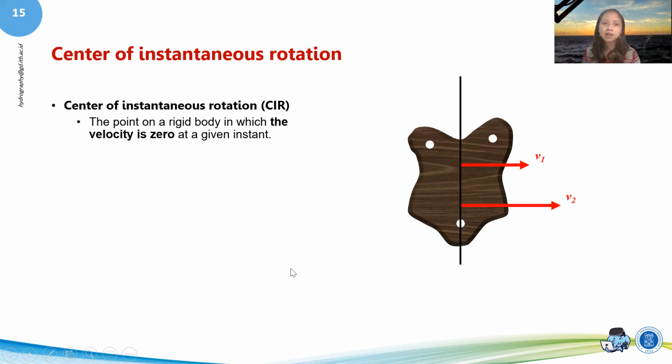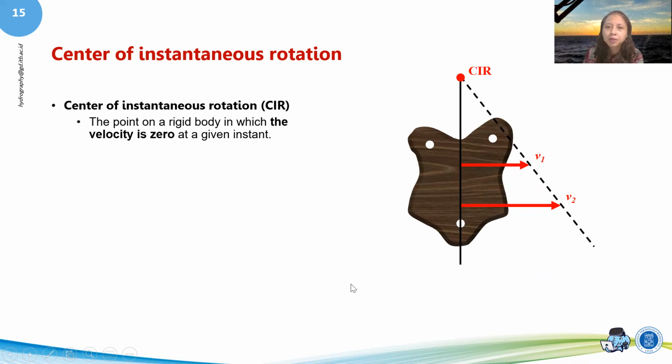To find the center of instantaneous rotation, or CIR, the only thing we need to do is draw a continuous line between those two vectors. And where the line intersects with the line of gravity, that's where your CIR is. So what is CIR actually?